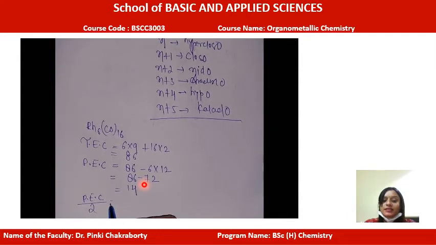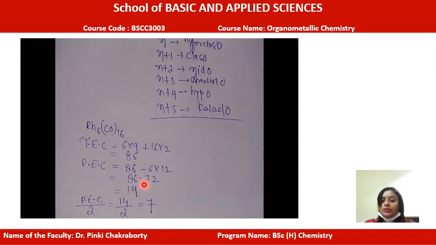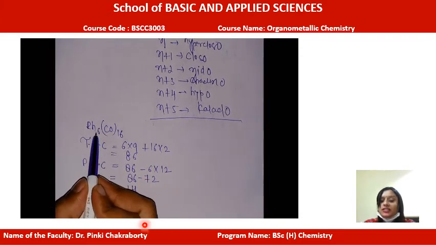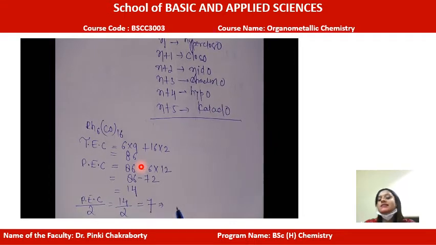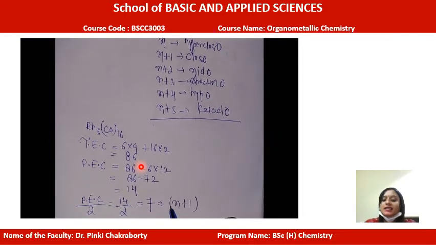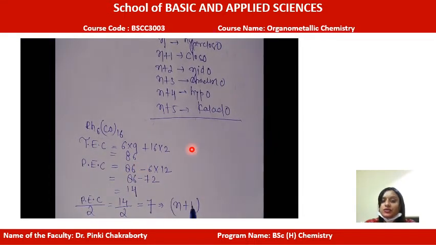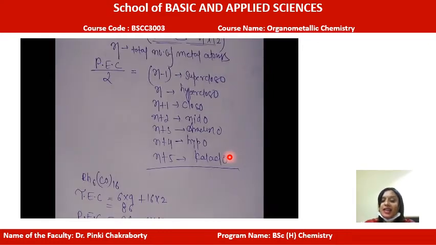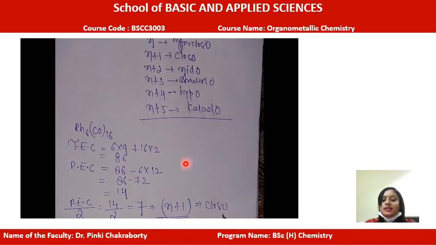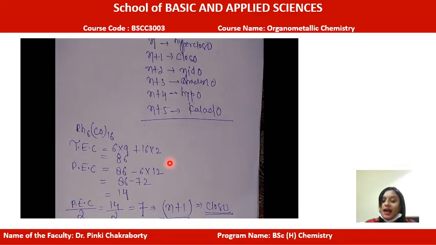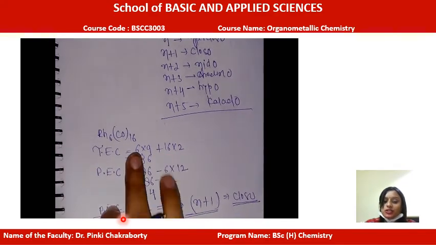When we divide this 14 by 2, the number coming out is 7. Can we deduce 7 in terms of 6? We can easily write 7 as 6 plus 1. So 6 plus 1 is what type of structure? 6 plus 1 will be a closo type of structure. So we can say that this particular complex has a closo type of structure.